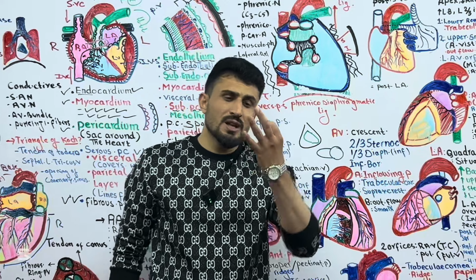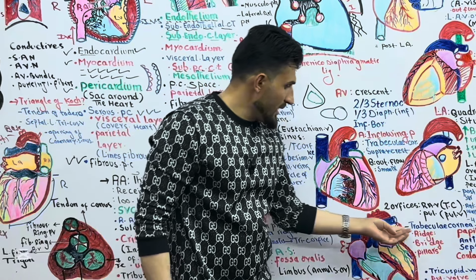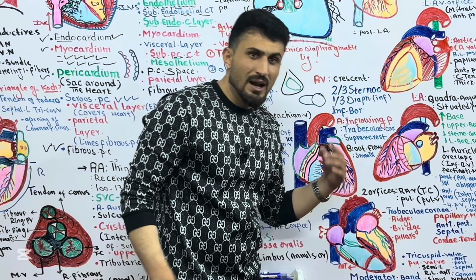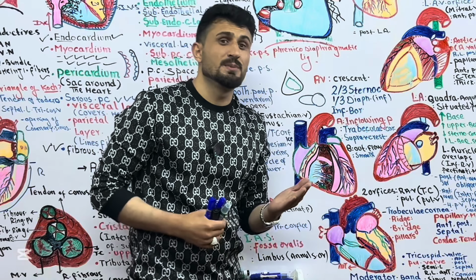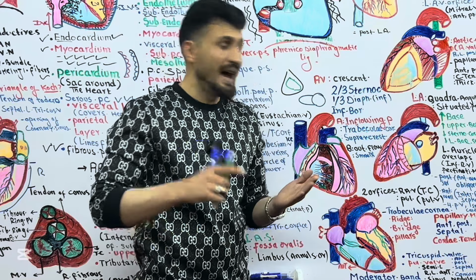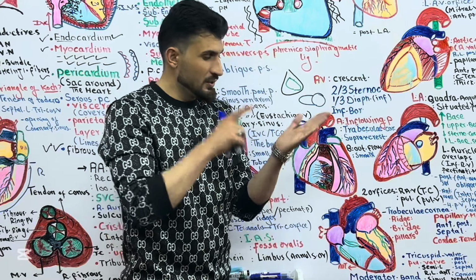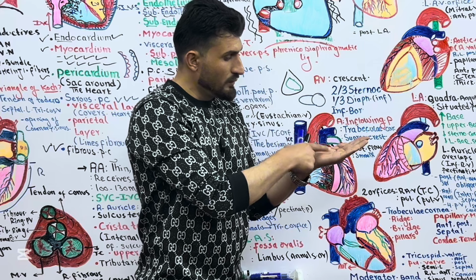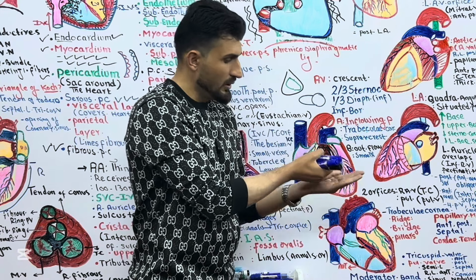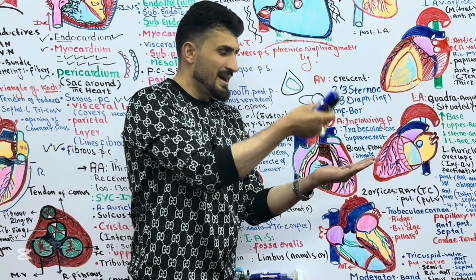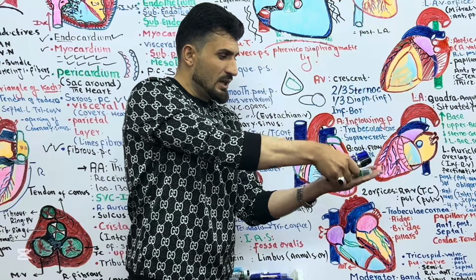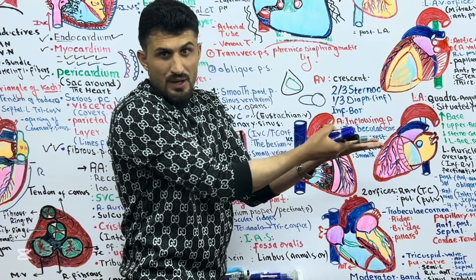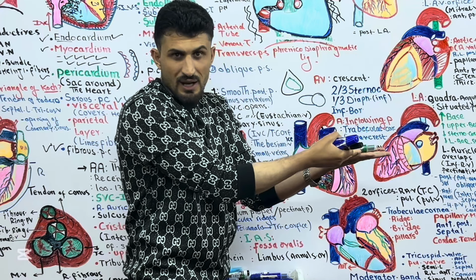Now, what are trabeculae carneae? We have three terms here: one is called ridge, one is called bridge, and one is called pillar. What are the differences between ridges, pillars, and bridges? For example, this is the wall of the ventricle. A band of muscle connected to this wall throughout its length is called a ridge.